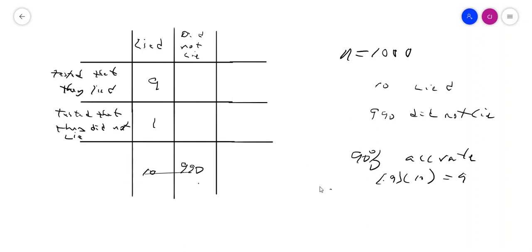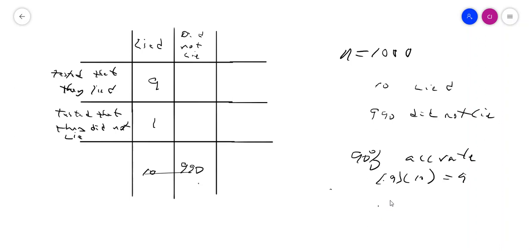Now, let's look at these people. Say, did not lie. It's 990. So we need to, again, 90% accurate. So tested that they lied, right? Well, let's see. They didn't lie. Tested that they did not lie, right?